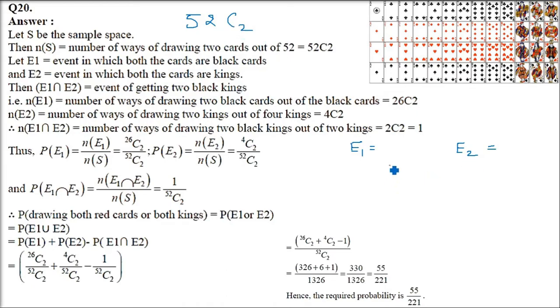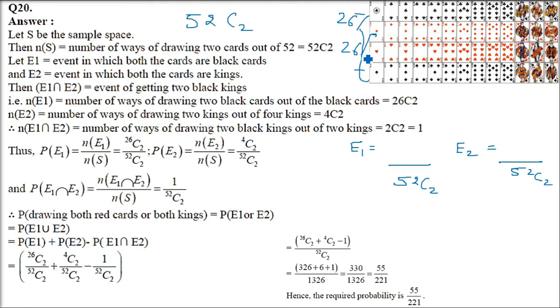So we have 52 cards, and we have to take 2 cards. So in the denominator, when we find out the probability, total number of cases are 52C2. As I said, for E1, both the cards are black cards. How many black cards are here? 26 black and 26 red.